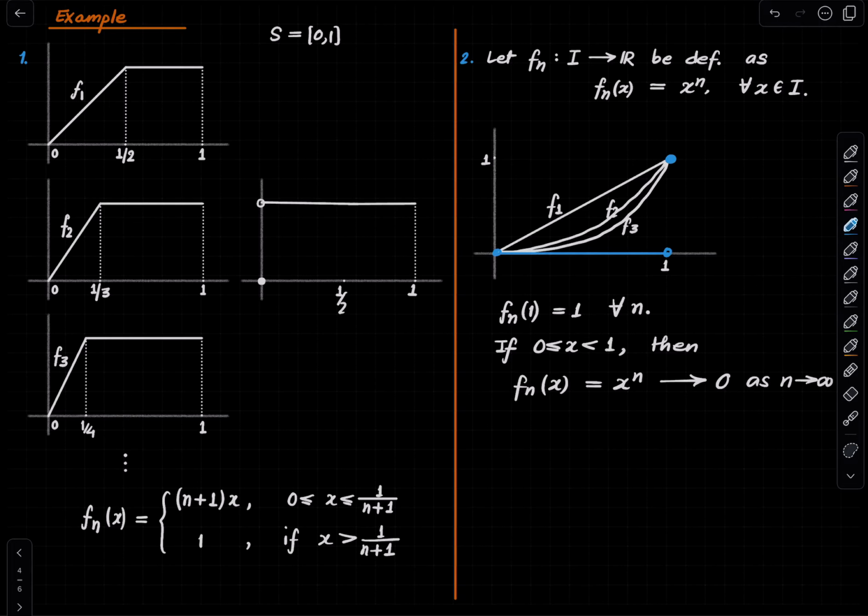So here we have a similar situation. Each of these functions is continuous. In fact, they are polynomial functions. Polynomial functions are the best kind of functions. Still, the limit is not a continuous function. So pointwise convergence is a weak notion.